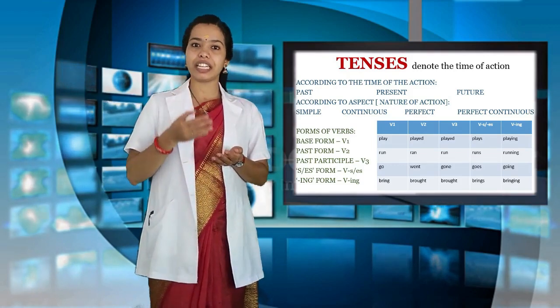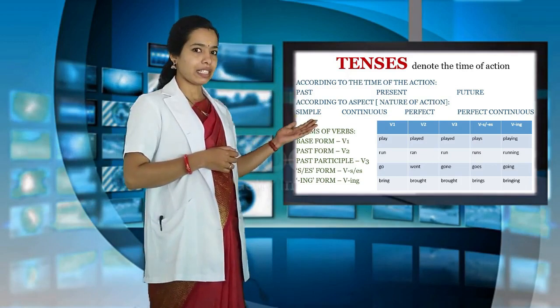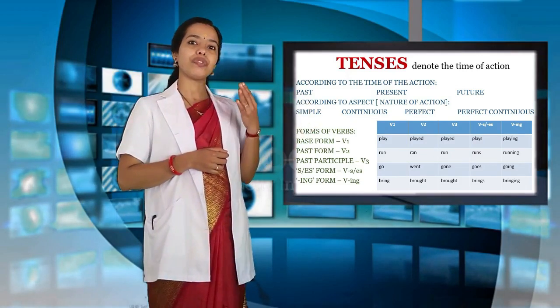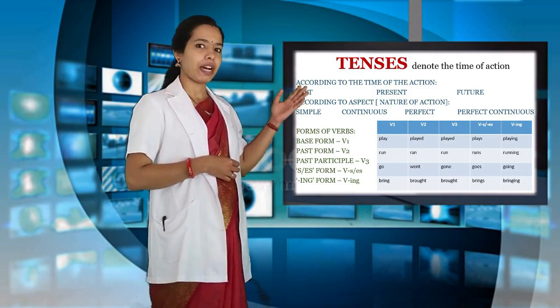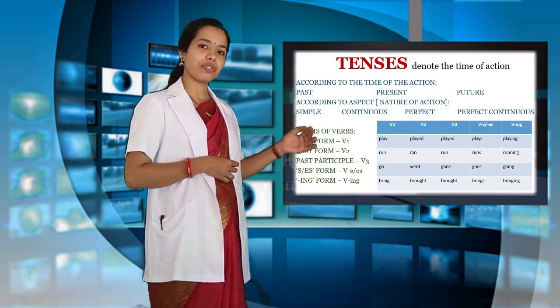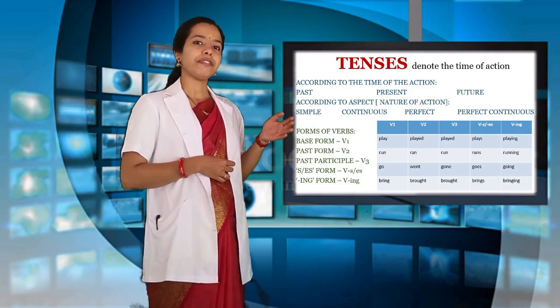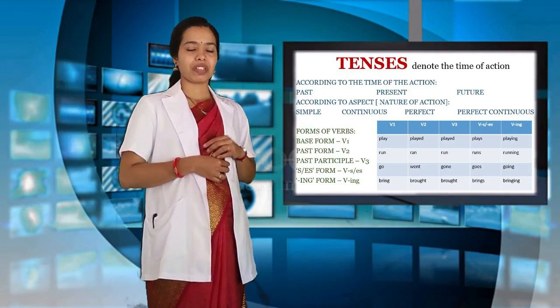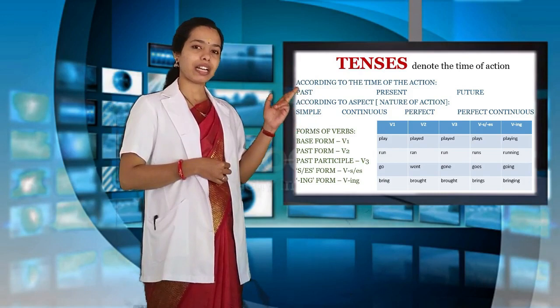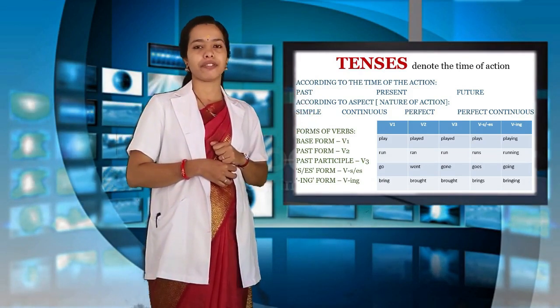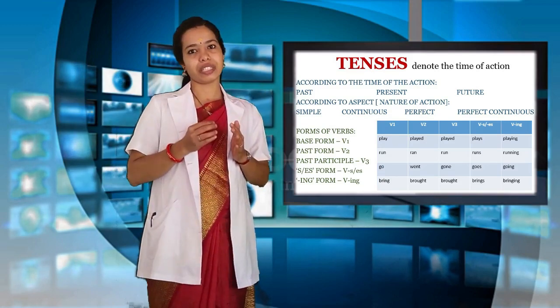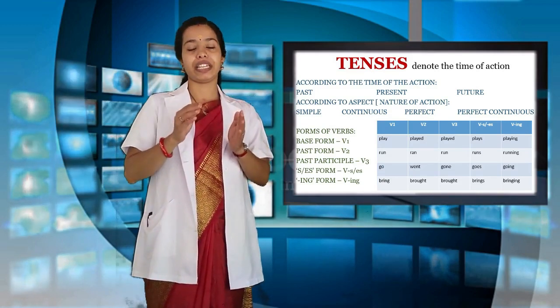So according to the nature of action, these three tenses are again subdivided into four. So each tense form, that is past, present and future, has four forms again: a simple form, a continuous one, a perfect form and a perfect continuous form. So all together we have 12 tense structures.